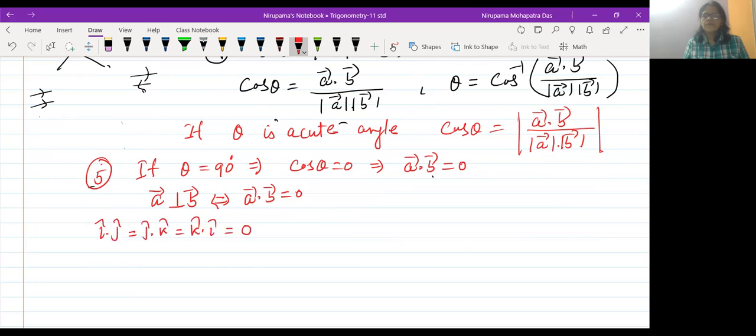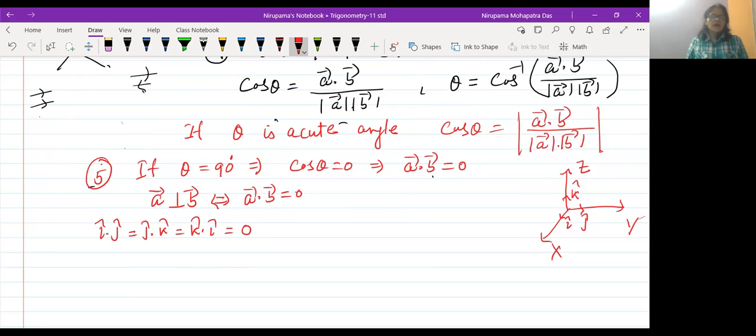Because we take x axis, y axis and z axis, they are mutually perpendicular lines. So i cap, j cap, k cap are three unit vectors perpendicular to each other. So i dot j equal to 0, j dot k equal to 0, k dot i equal to 0.